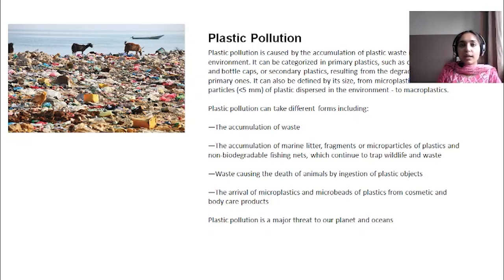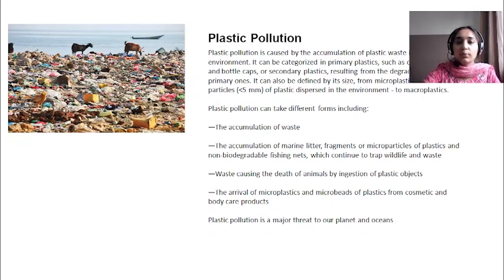So we can say plastic pollution is the accumulation in the environment of synthetic plastic products to the point that they create problems even for wildlife and their habitat, and for humans as well.